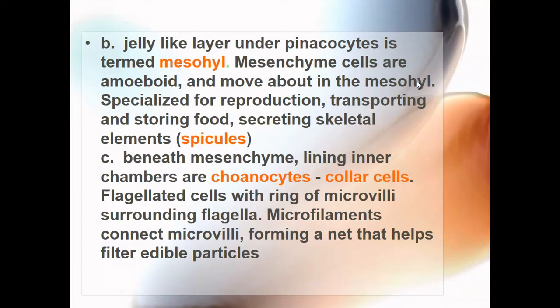So they specialize for reproduction, transporting and storing food, and at the same time digestion. So beneath the mesenchyme, lining the inner chamber, are the choanocytes, or we call them collar cells. That is another term or layman's term for choanocytes. They are flagellated cells that could resemble the flagellated protozoans.